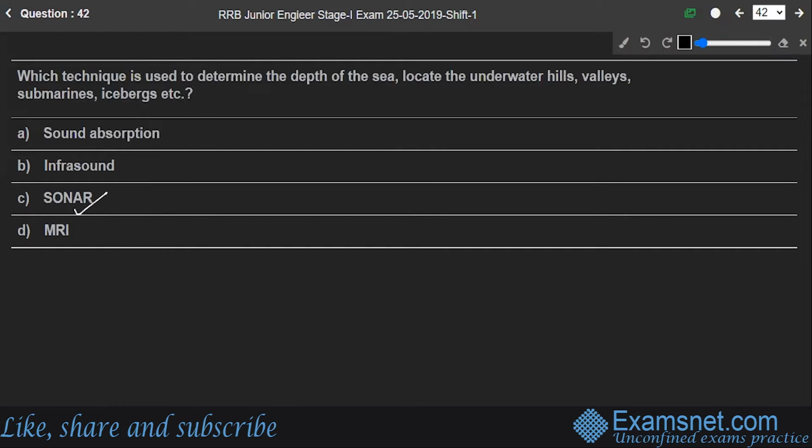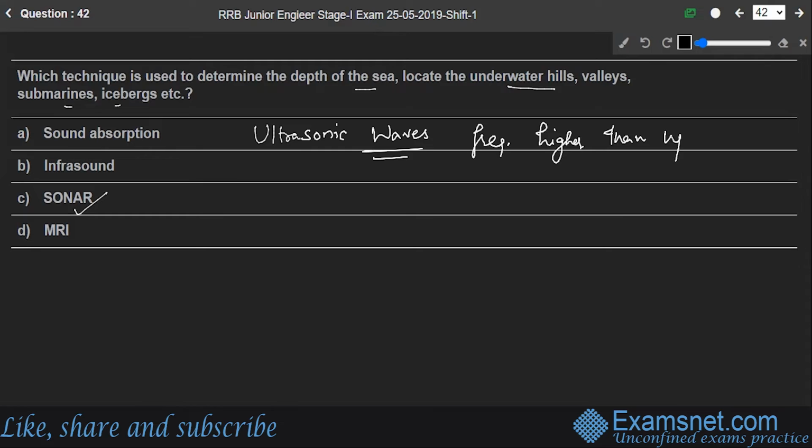If I talk about the rest of it, first of all, which technique is used to determine the depth of the sea, underwater hills, valleys, submarines, icebergs? See, if I talk about the ultrasonic waves, they are sound waves with frequencies higher than the upper audible limit of human hearing.